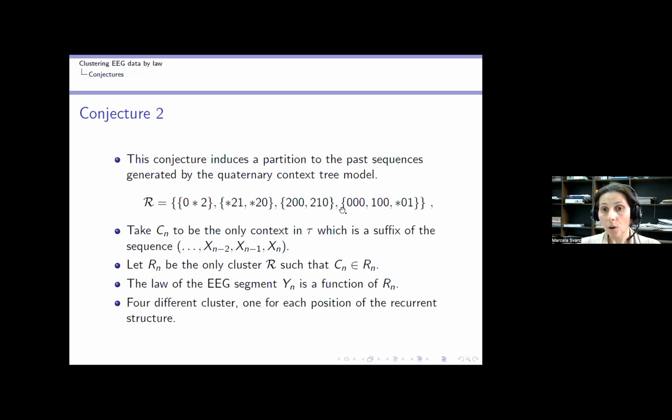And in this case, we have the contexts that in the final position have either a silent unit or a weak beat that follows a consistent silent unit. So the law of the EEG segments in this case, the law of these functions, is given by this partition. So all the contexts that belong to each of these 4 clusters will have the same law. So in this case, we would have 4 different clusters.